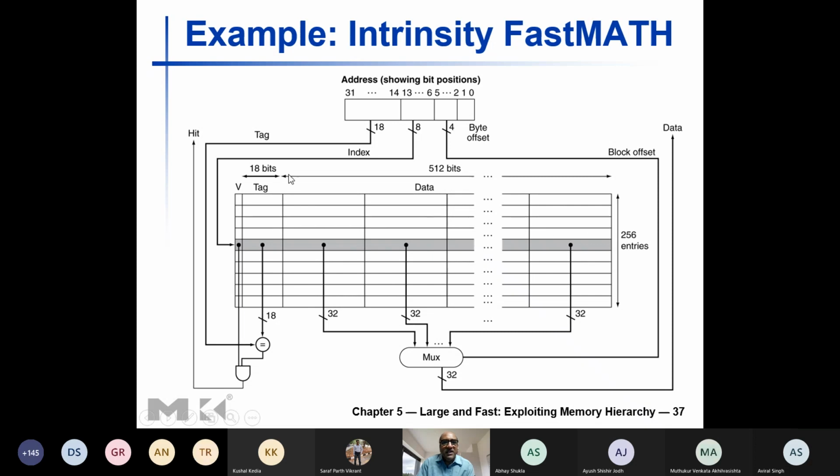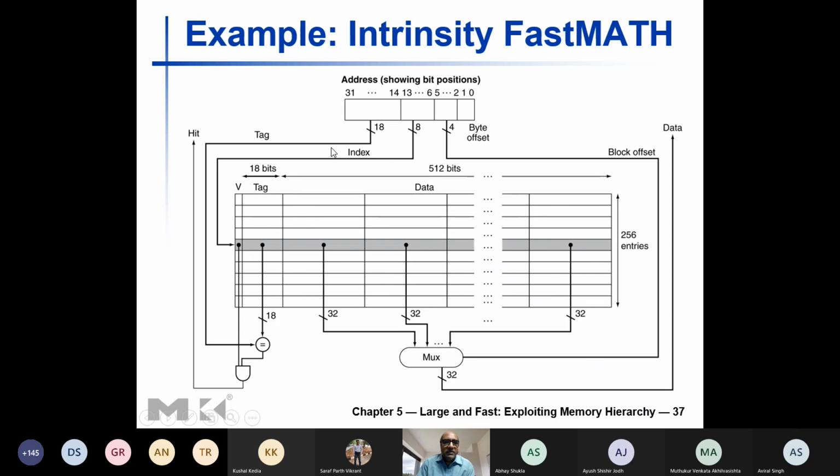That's the reason the size of the block is 512 bits: 16 words into 32 bits, because each word is 32 bits. So each block size equals 512 bits, nothing but 16 words.